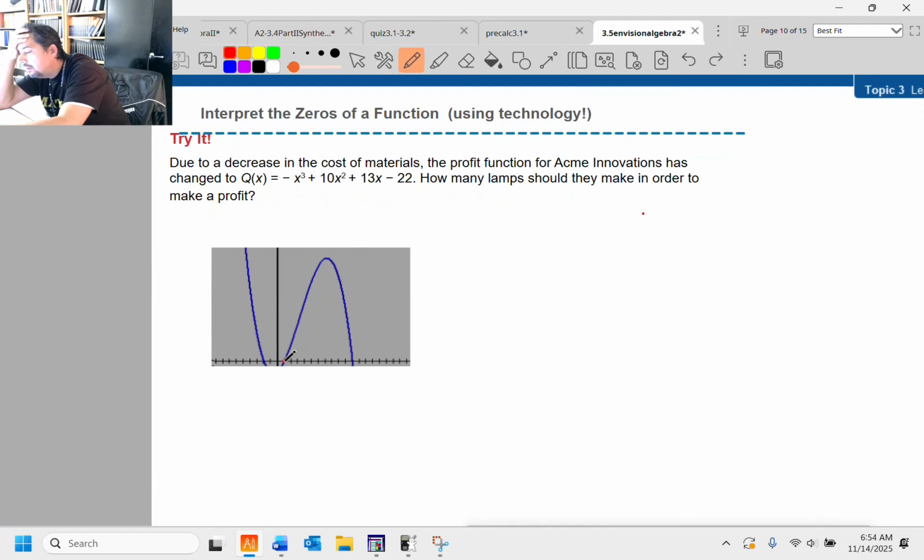This looks like a 1, 2, 3, 4, 5, 6, 7, 8, 9, 10, 11. That looks like an 11. X is a number stuck between 1 and 11. So in words, between 1 and 11,000 lamps is profitable.